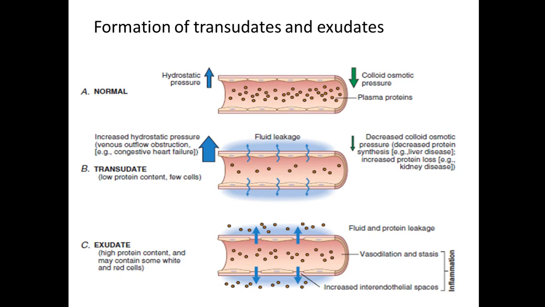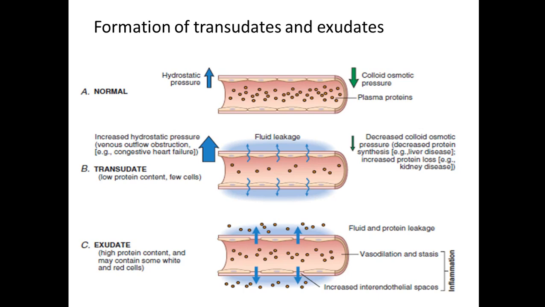Normally, the blood pressure, which provides the hydrostatic pressure at the arteriolar end of the capillary, will cause fluid to leave the blood vessels and go into the extravascular space.